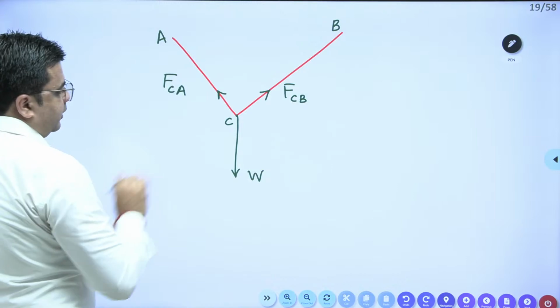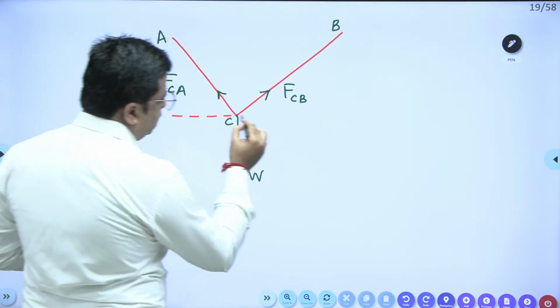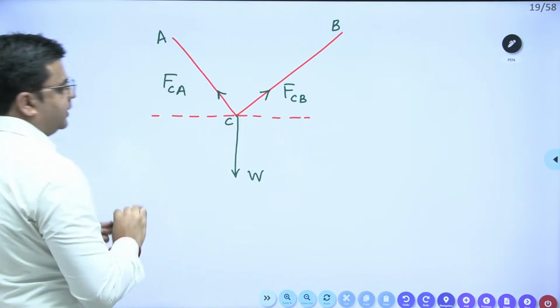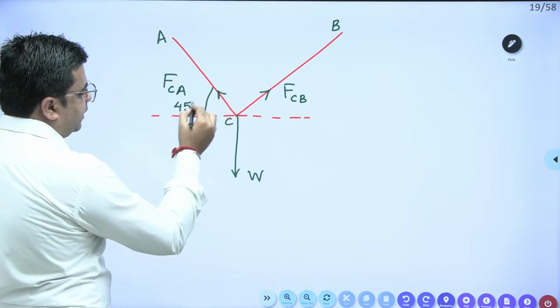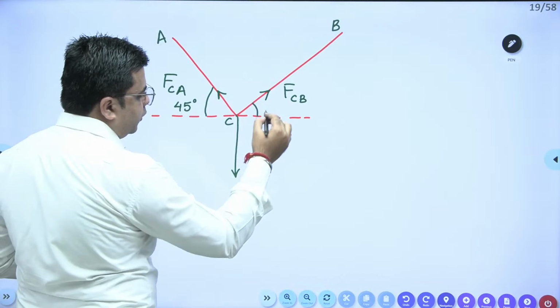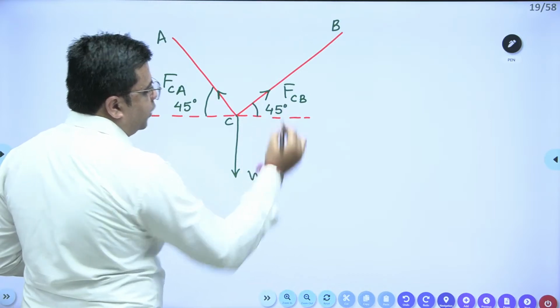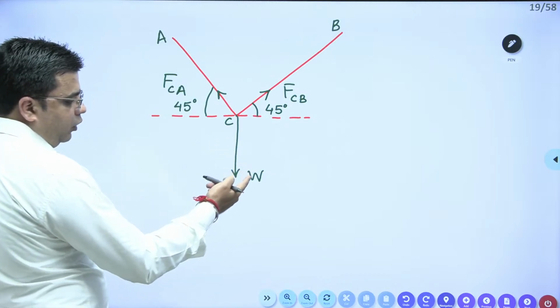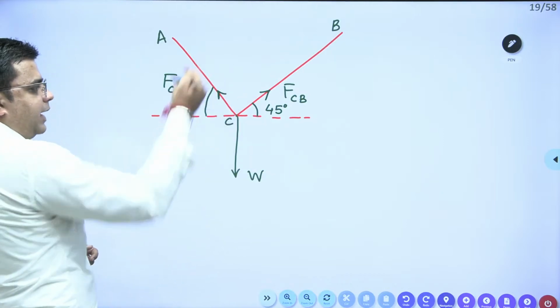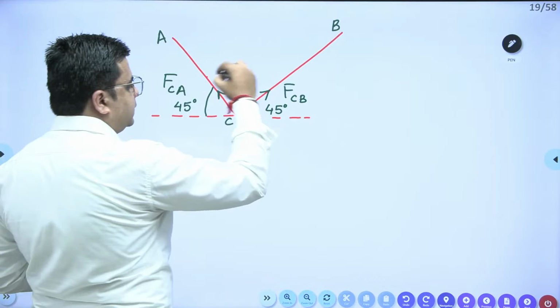This angle is given as 45 degrees. This angle is 45 degrees and this angle is also 45 degrees. What you have to do is apply one rule: the load and the opposite angle. So this angle is 90 degrees.